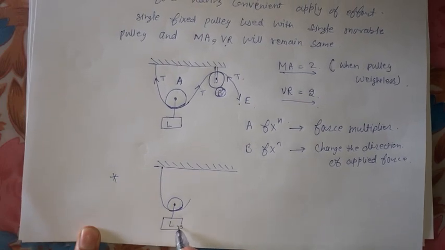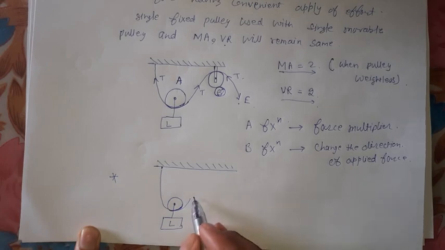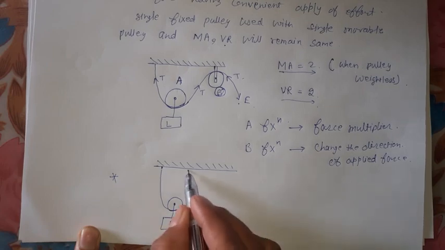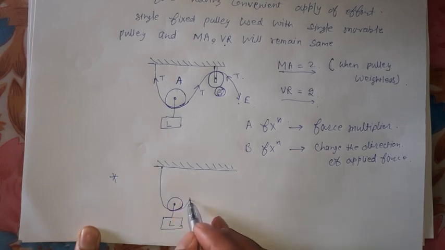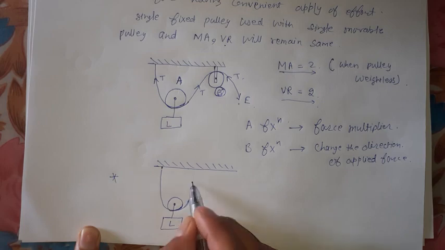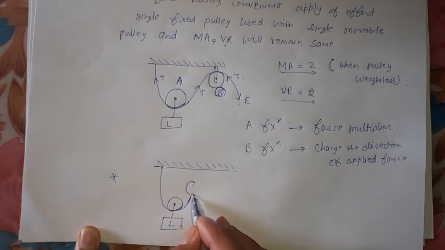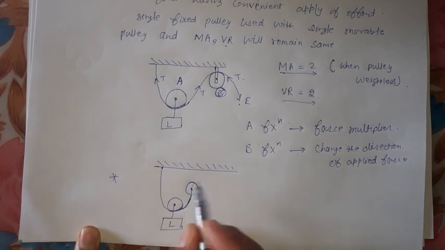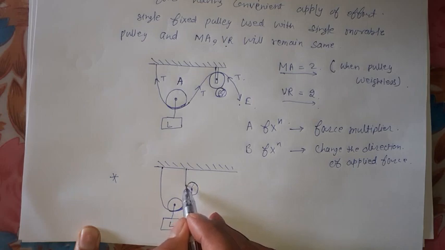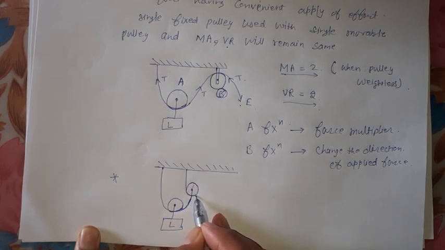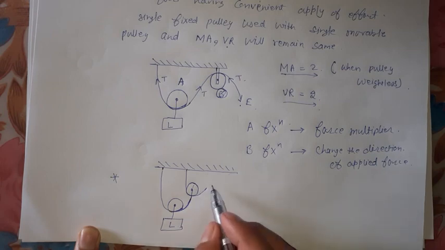Now let us suppose the other end of the rope is attached with the block of the second pulley, and the rope goes under it. So this is the second pulley which I have.